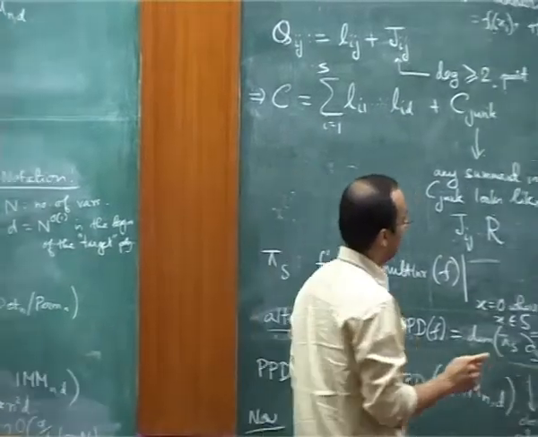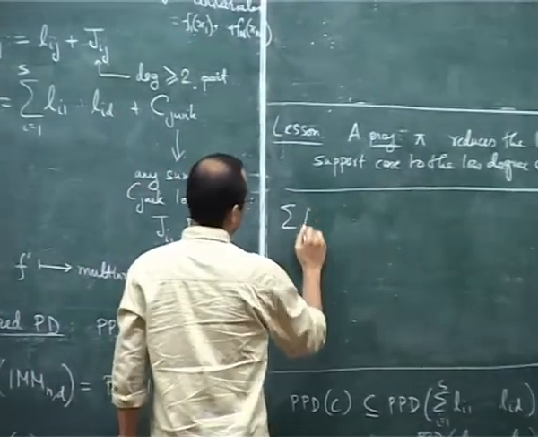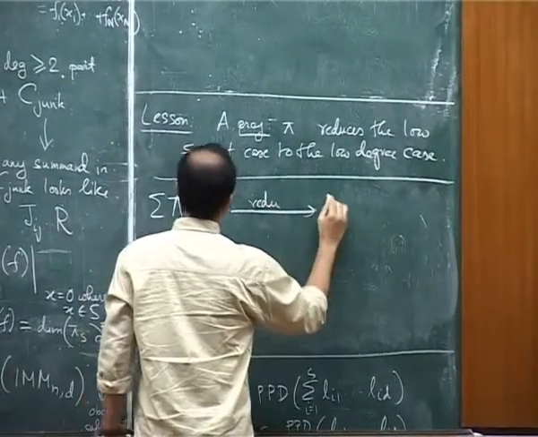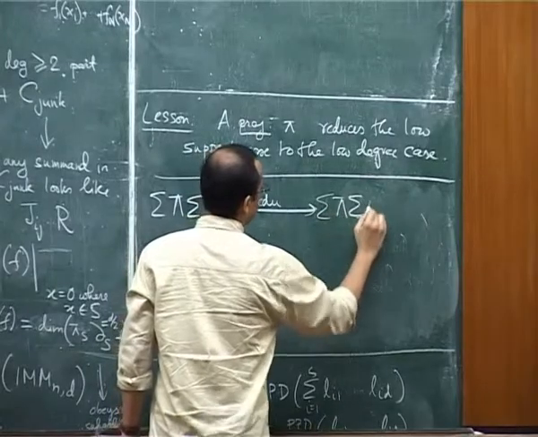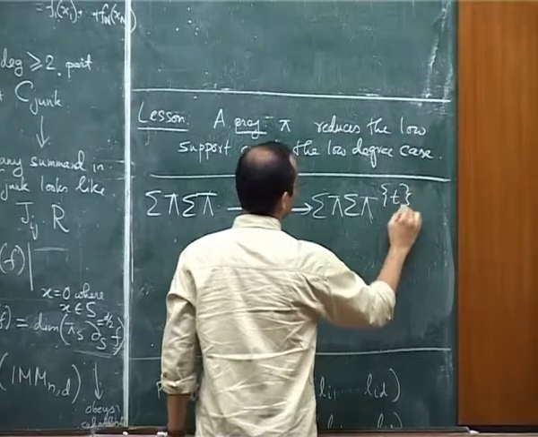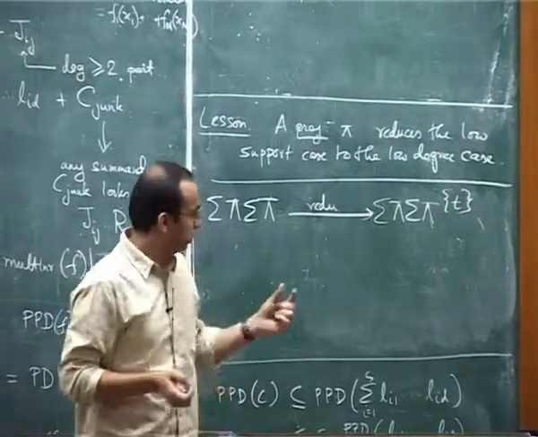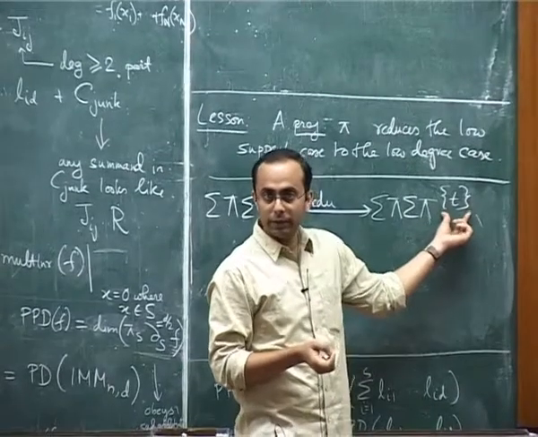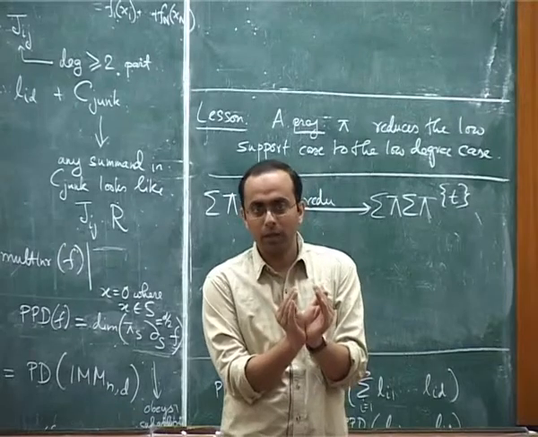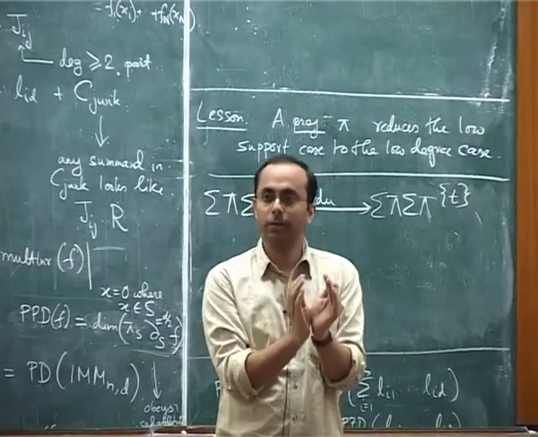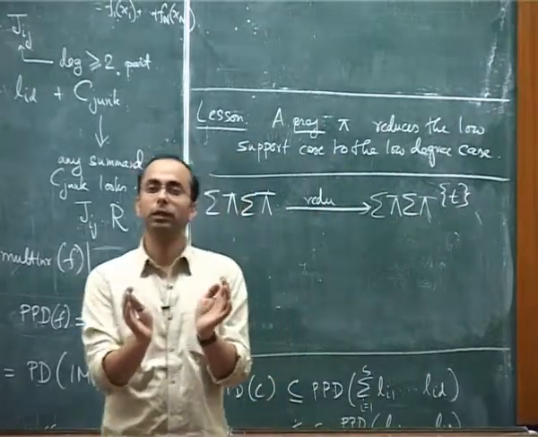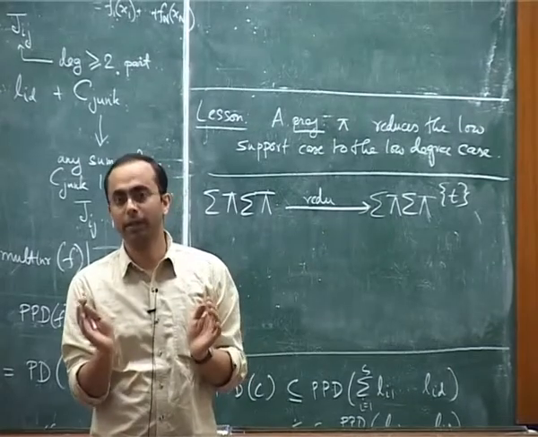By a low support case, I mean that I want this kind of reduction first. A reduction to, I use a slightly different notation, but close one, curly braces T. So long it was bracket T, and now curly braces T. Bracket T meant the degrees of each and every monomial in the sparse component inside is bounded by T. And curly braces T means that the support of each and every monomial is bounded by T. So the degree can be high.